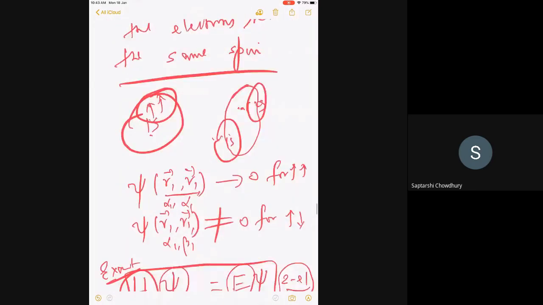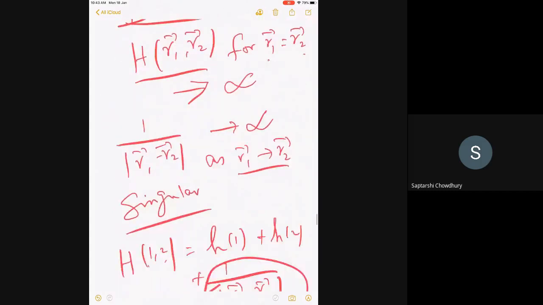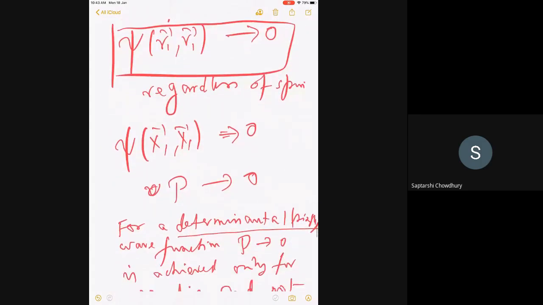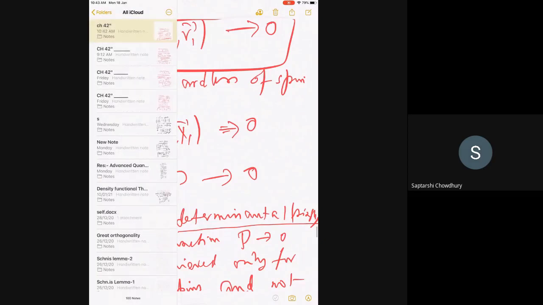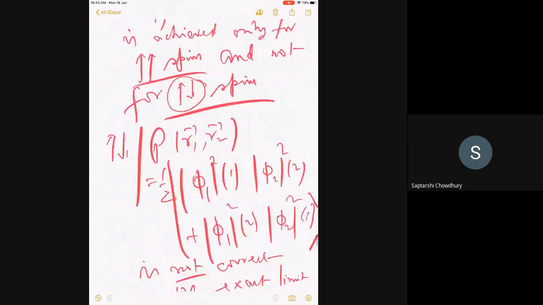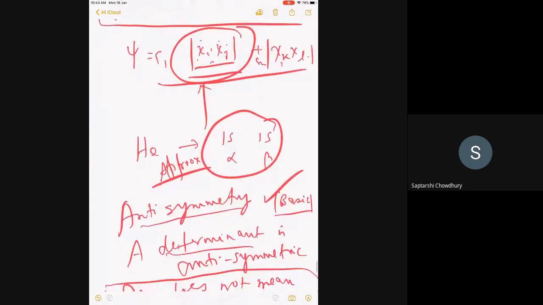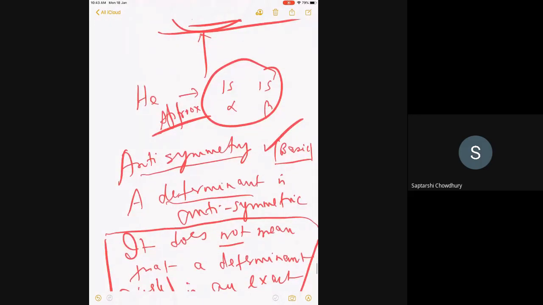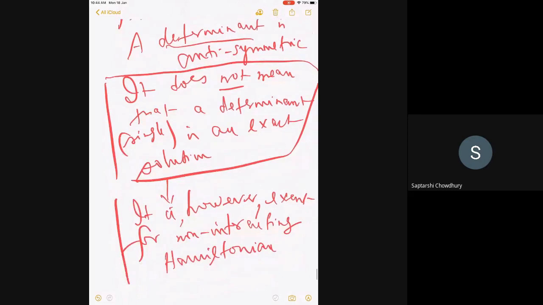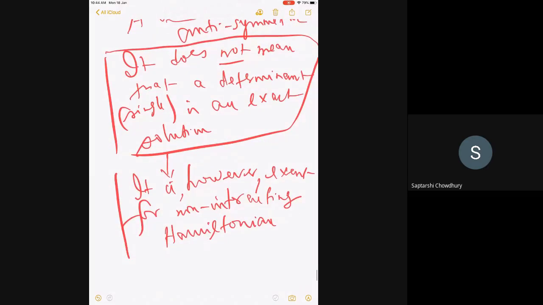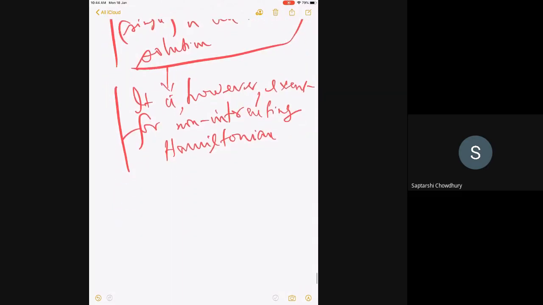So in general, the fact that you have an exchange term for R1, R2 is very, very important for the parallel spins. So again, this shows the importance of the exchange term. The lack of exchange term for the antiparallel spins is the problem.